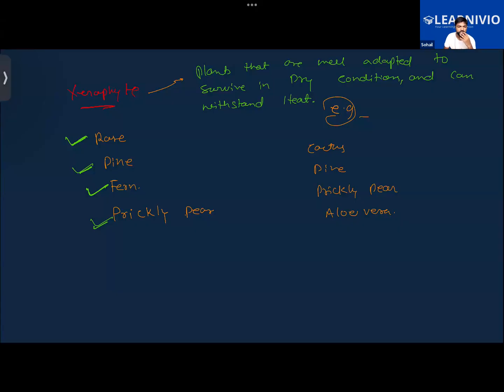Sir, but in the answer key of this, ma'am told that it's only prickly pear.